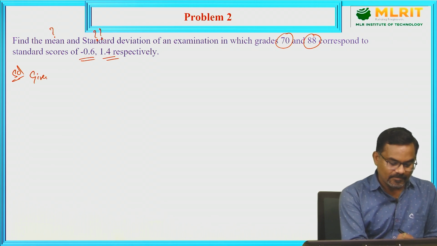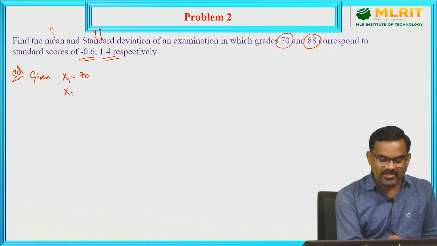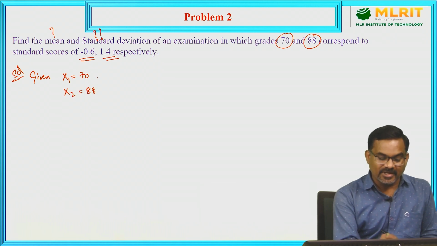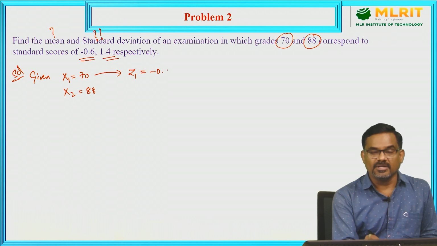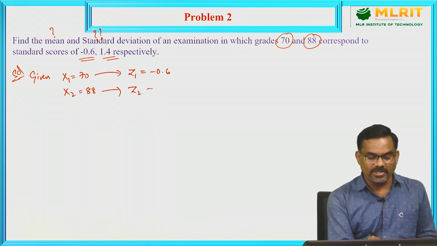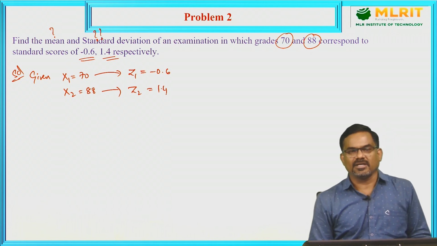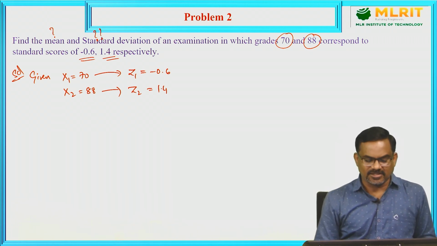Given x1 equal to 70, x2 equal to 88. If x1 is 70, the corresponding value z1 is minus 0.6, and z2 is 1.4. This is the given information in the problem. Now we need to calculate the mean and standard deviation.